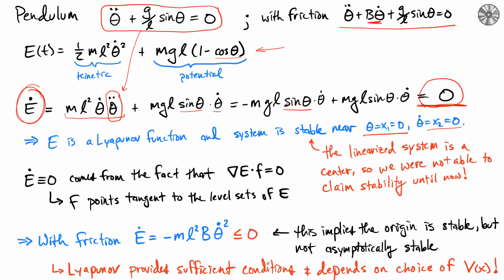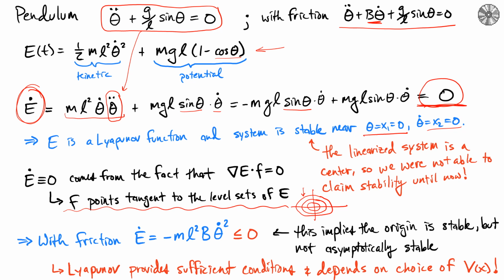This corresponds to the idea that the dynamics actually points along the level sets of E. If you flip back to the previous slide, we have these concentric rings, and what this is telling us is that we are picking exactly those as our Lyapunov function.